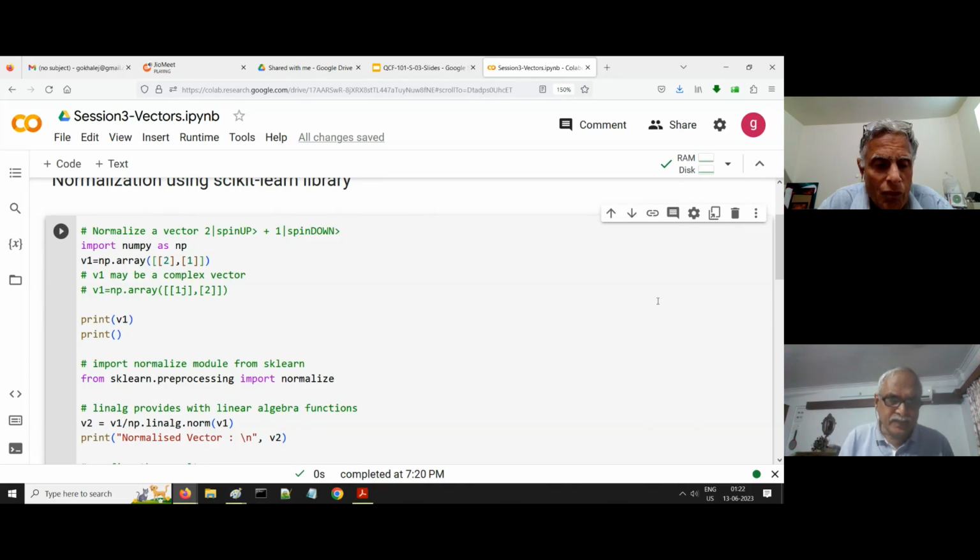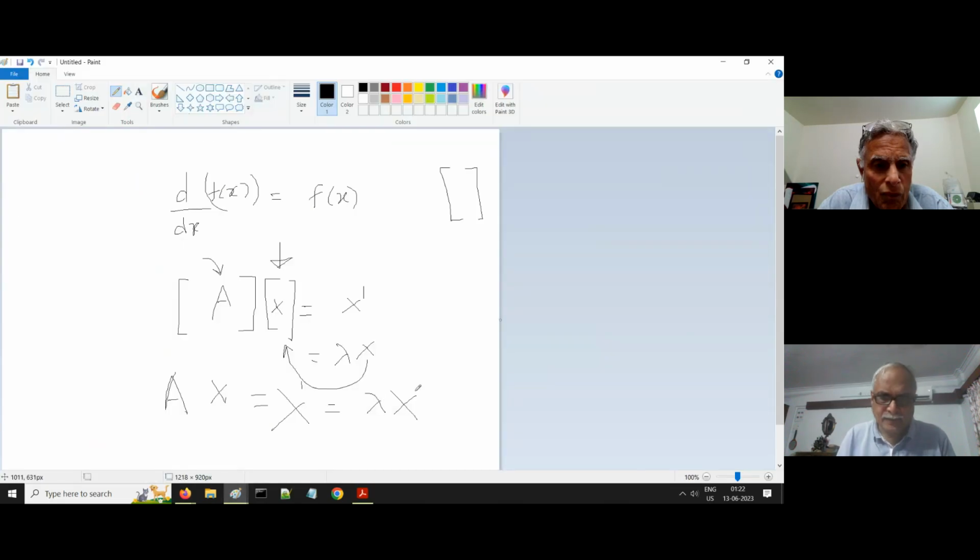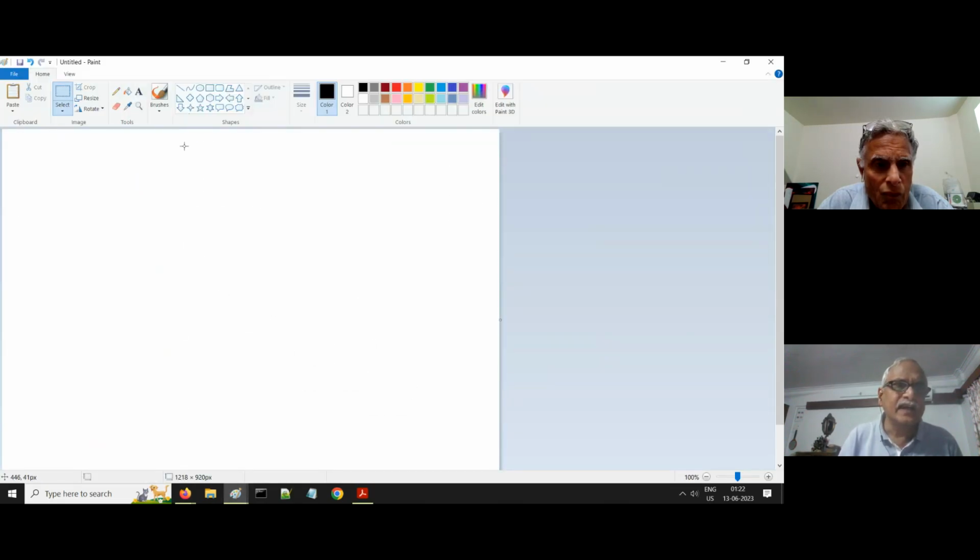Let me take up a small example of what that possibly means. Let us say I have some vector, this is my vector v, and this vector v will typically have its components, vector va and vector vb.